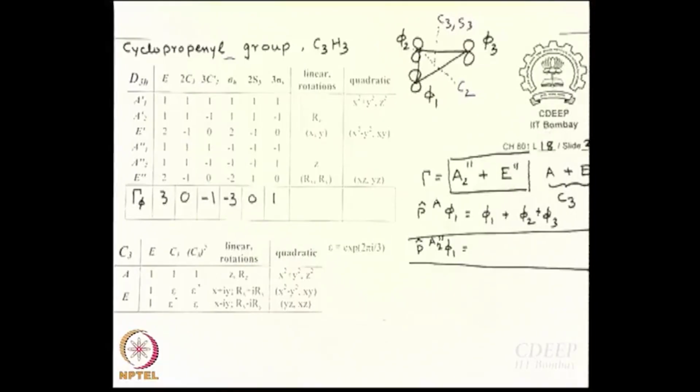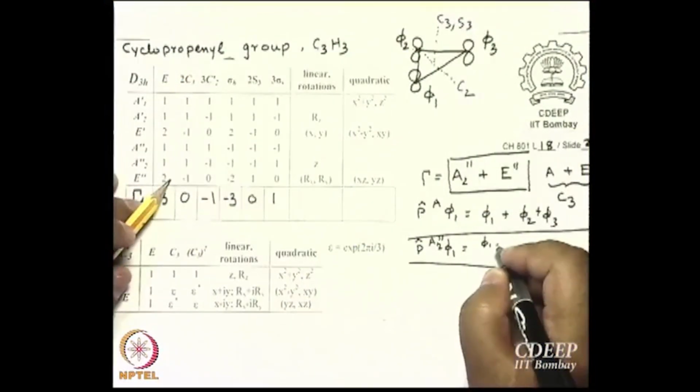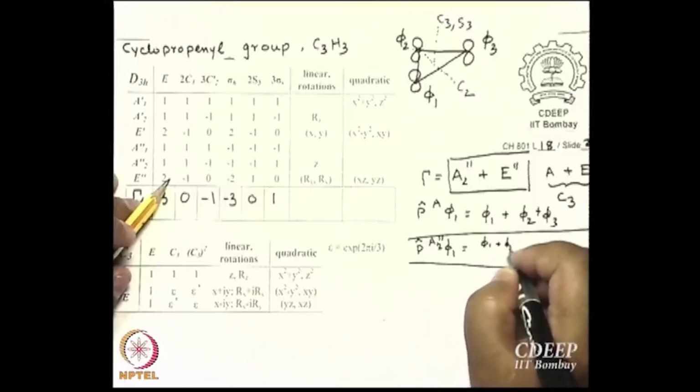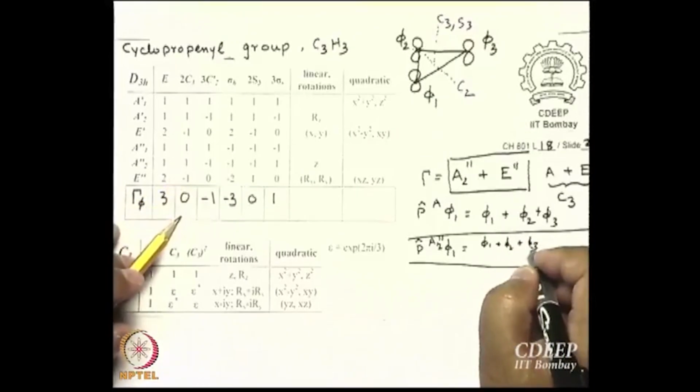C3 phi 1 is phi 2, C3 square phi 1 is phi 3, do not forget that. Phi 1 plus phi 2 plus phi 3, it's coming, right?